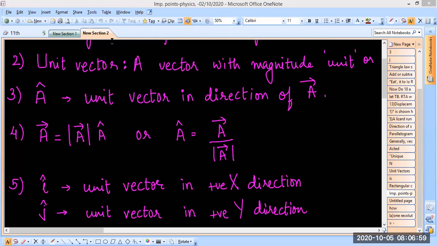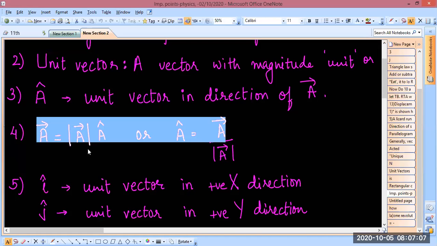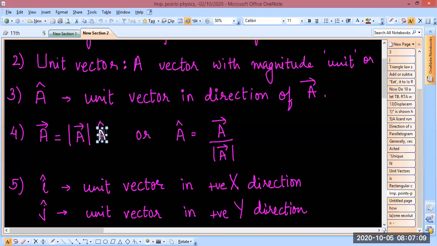So again, this equation tells you that any vector can be written in two parts. One, its magnitude, and the second one, its direction, right? So the unit vector indicates the direction, right? That's what we studied, right? Okay. And then we talked about special unit vectors, right?